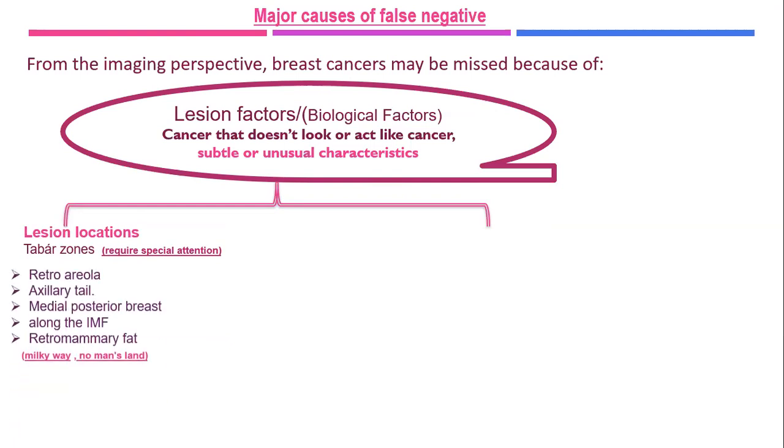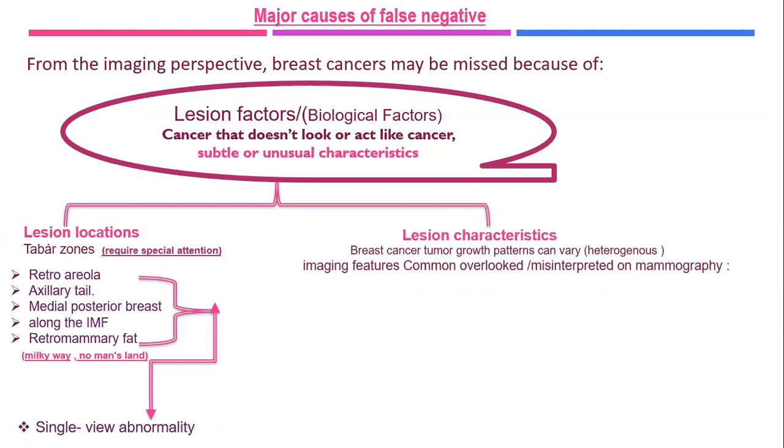These include the retroareolar area, axillary tail, medial posterior breast along the inframammary fold, and retromammary fat. You remember the Milky Way and no man's land, especially if associated with a single view abnormality. The other factor is the lesion characteristics.